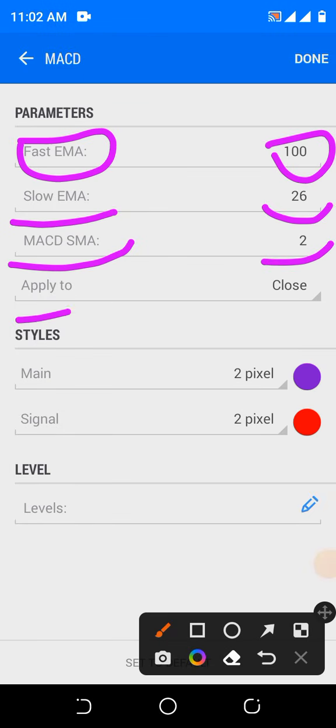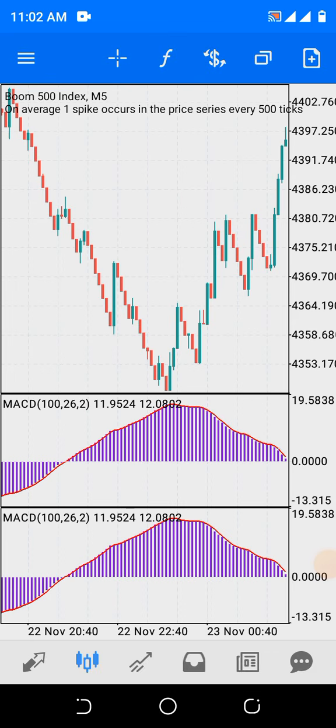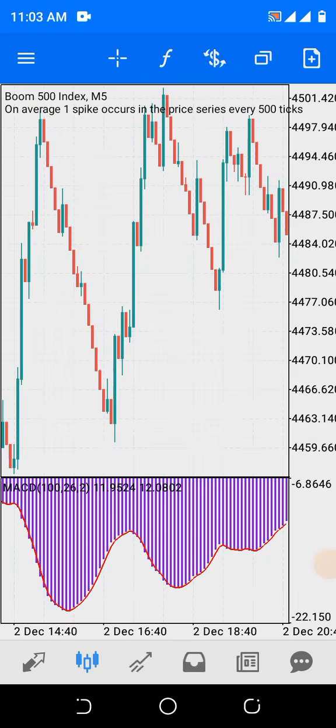Apply to close. For the main signal and signal, you choose the color of your choice. That is all you need. You hit done. Now, let me delete one of it. This is the setup here.